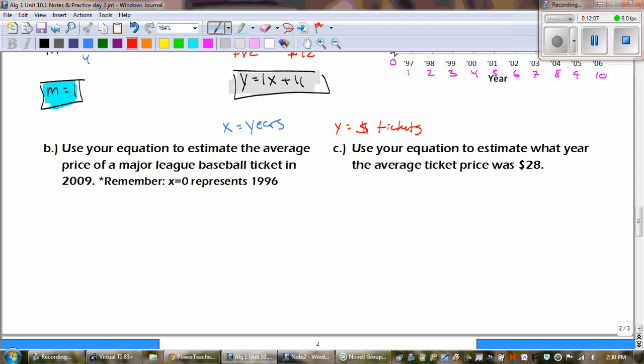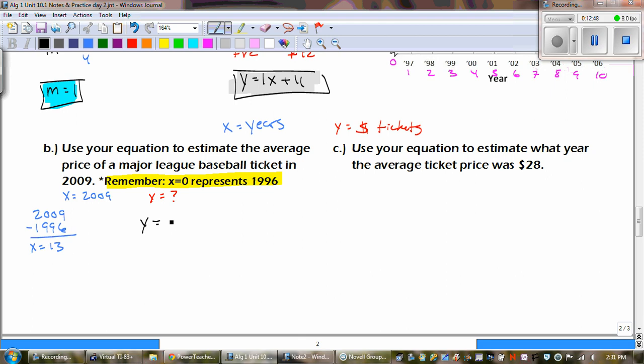Okay, so they told us the year. They said the year is 2009, so we have to find the price. Okay, so as we're getting this started, we have to remember that 1996 represents 0. So to find out what that value is for x, we have to subtract those 2 numbers, the 2009 and 1996, and we find out that x is 13.